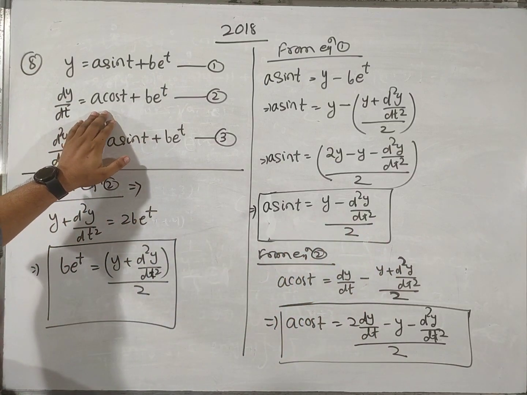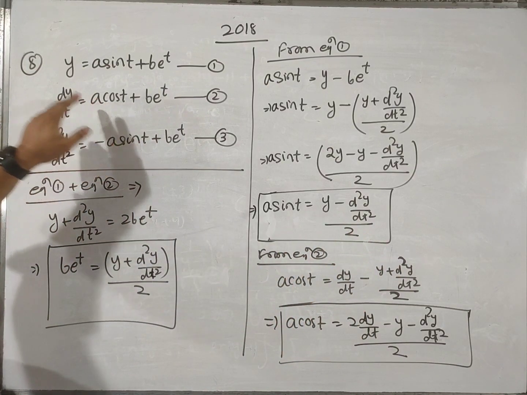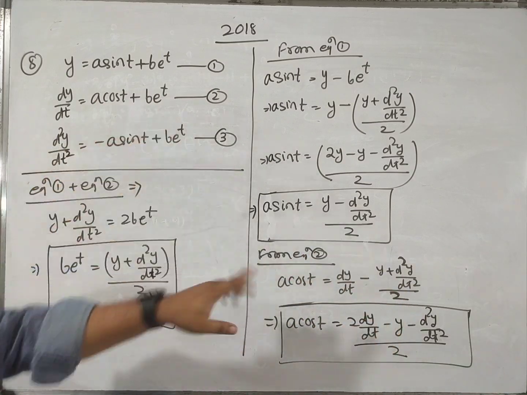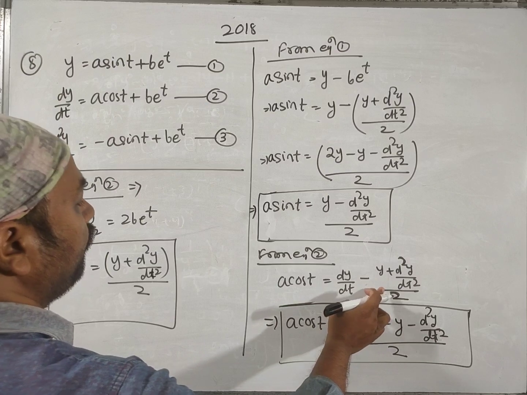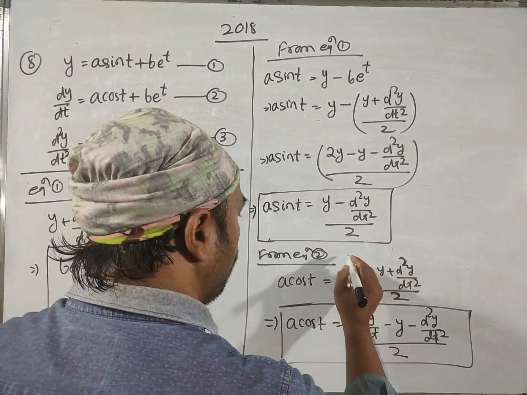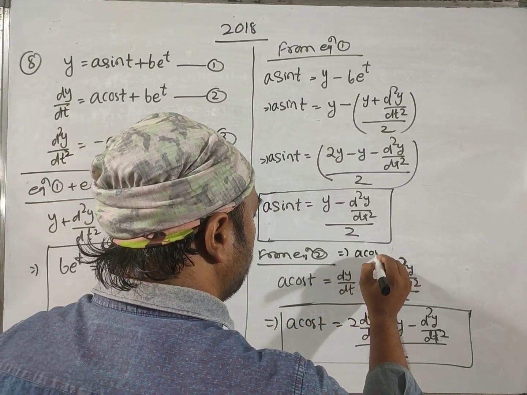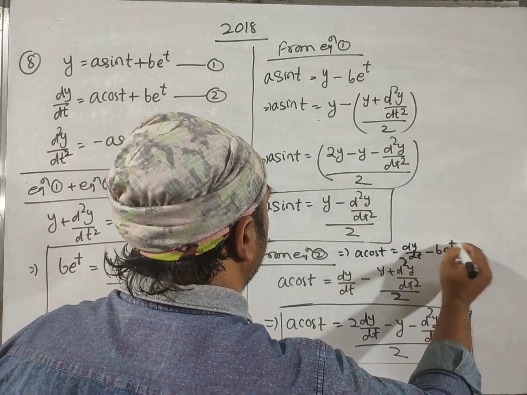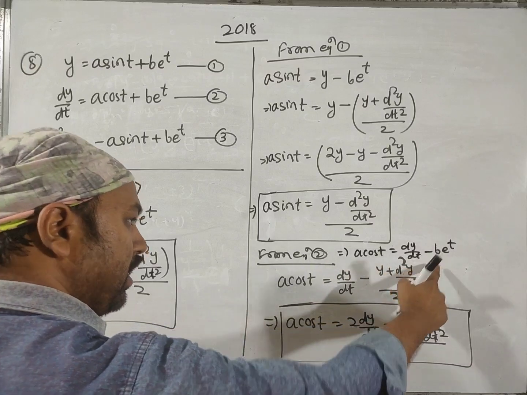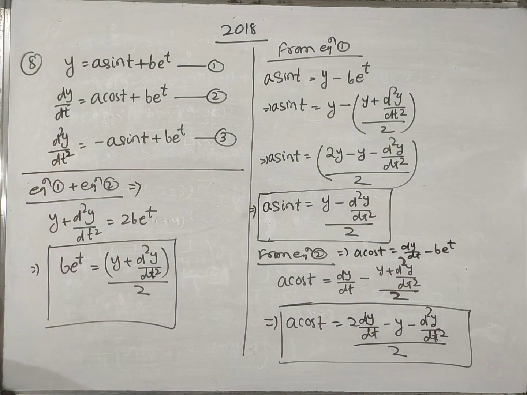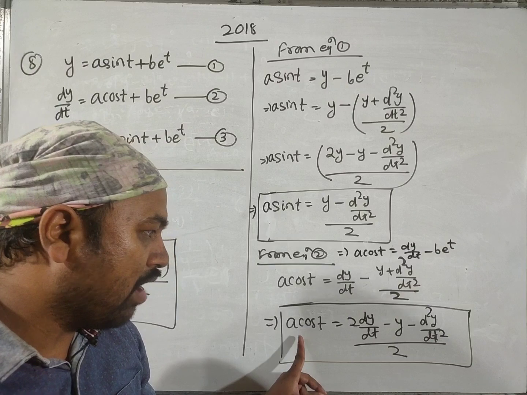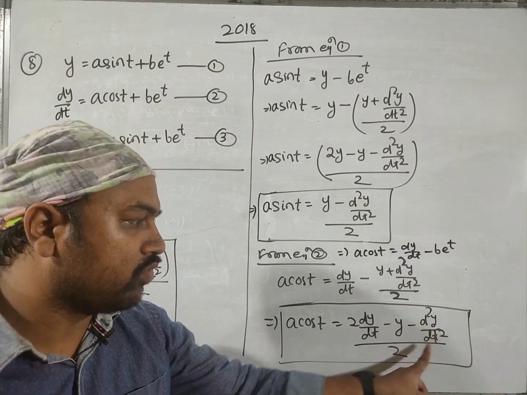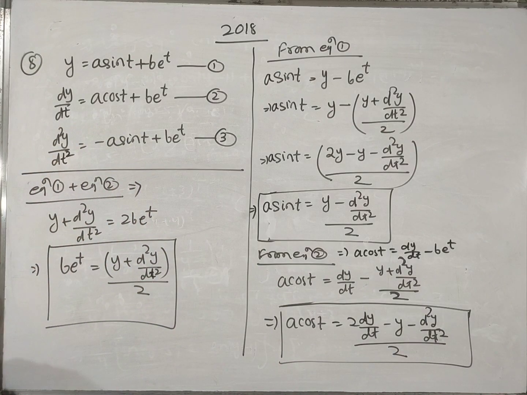Then from equation 2 we have a cos t is equal to dy upon dt minus b e to the power t, and again in place of b e to the power t we put the value. Then by solving, we have a cos t is equal to 2 dy upon dt minus y minus d square y upon dt square whole divided by 2.